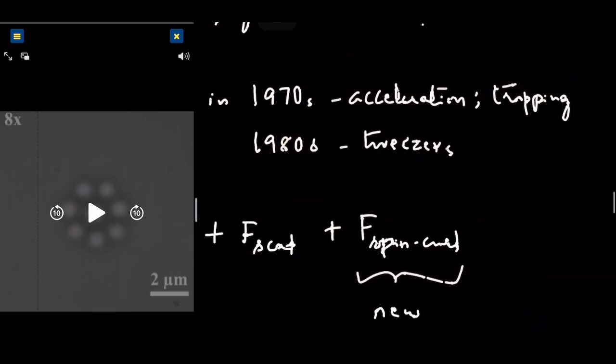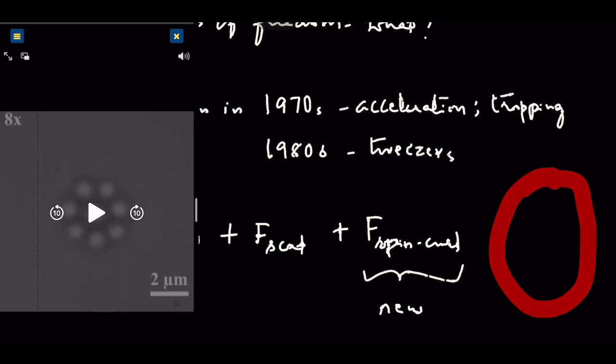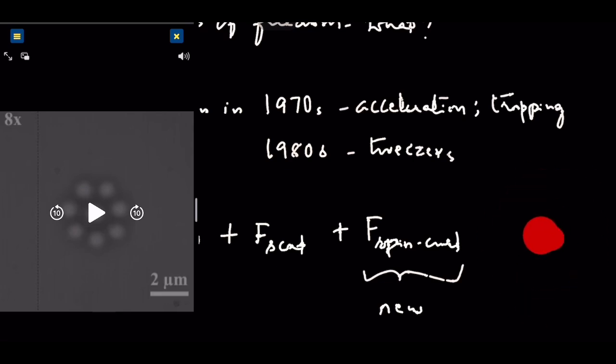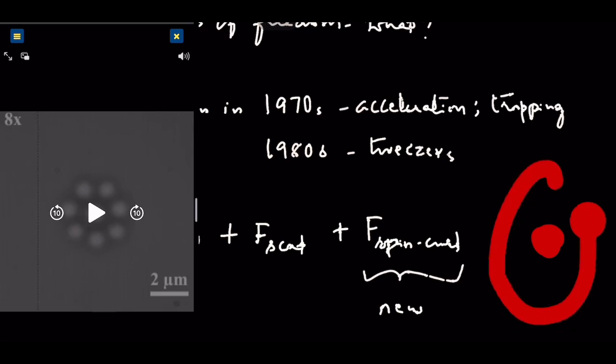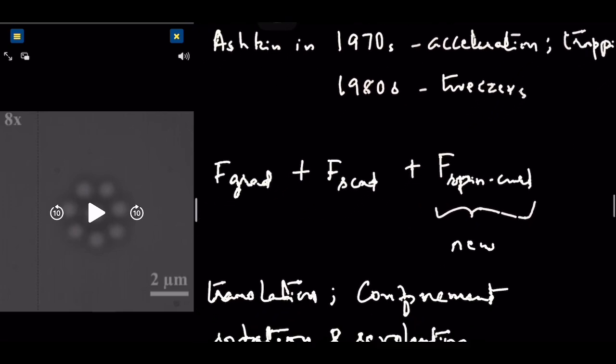In recent times, there is also an interesting force associated with spin curl forces, which is relatively new, and it has turned out to be very fascinating, because now you can create some very interesting degrees of freedom where you can rotate the object and also revolve the object. So you can rotate it about its axis or revolve it with respect to an orbit which you create. These spin curl forces have very interesting physics and associated mathematics. Hopefully at some point I'm going to talk a little bit more about these forces.